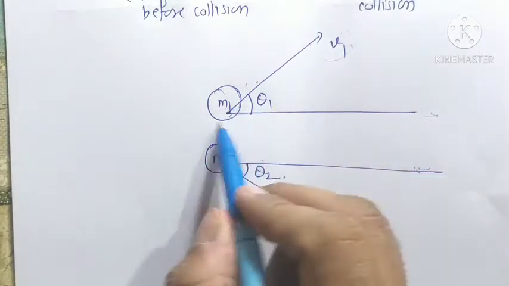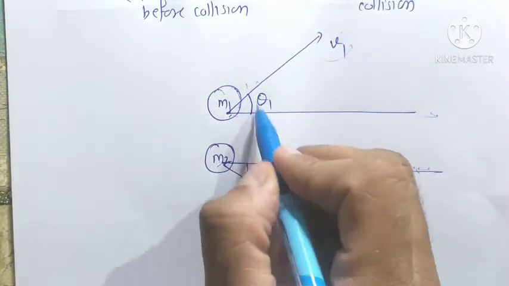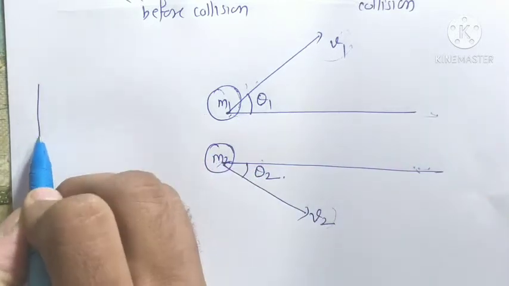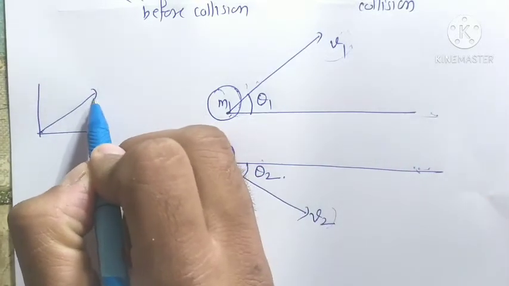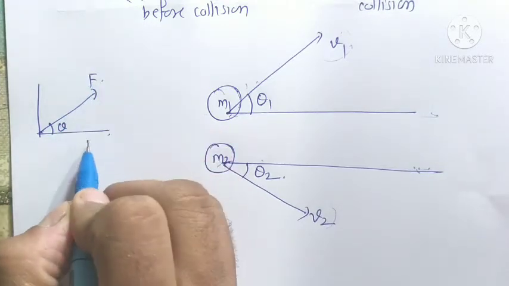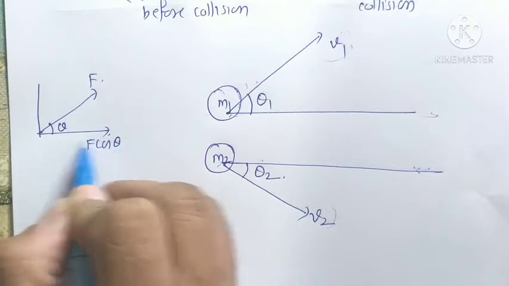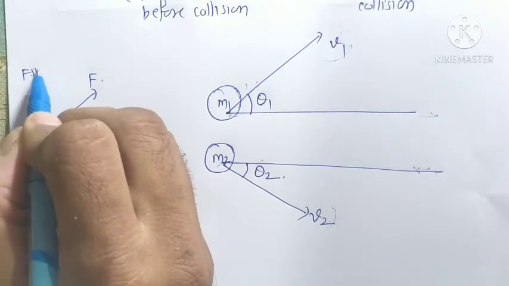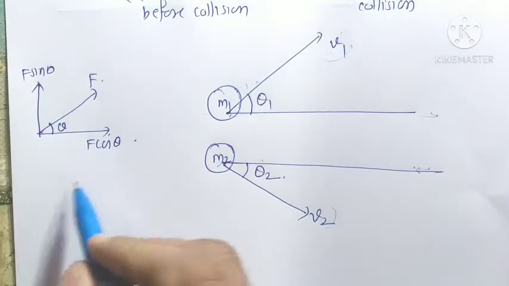So we resolve into components. It's two components, we already know that. When a force F acts in this direction and makes an angle theta with the horizontal, the component of this force will be F cos theta along the horizontal and F sin theta along the vertical.